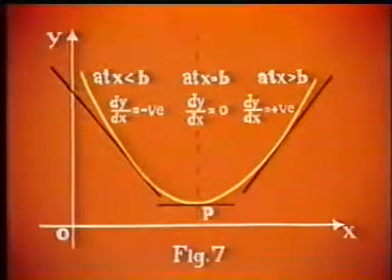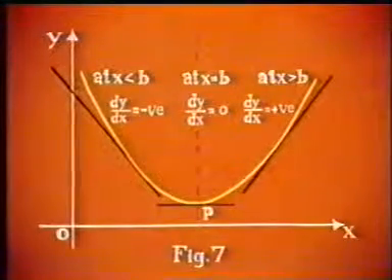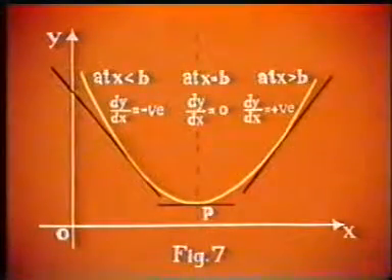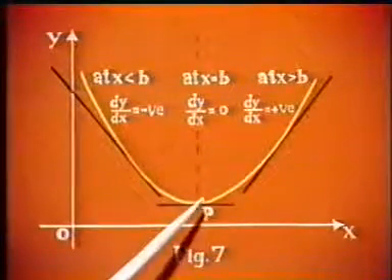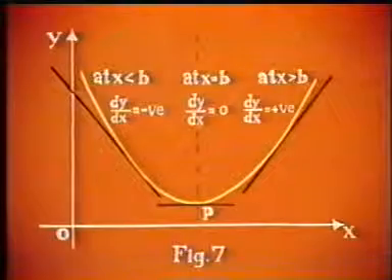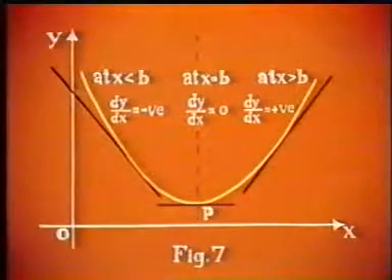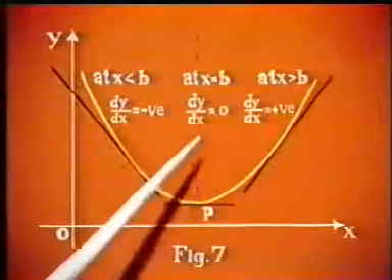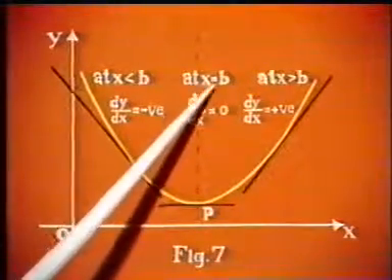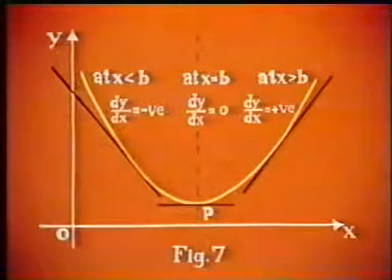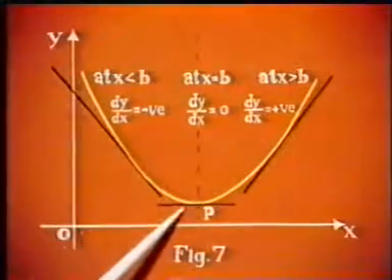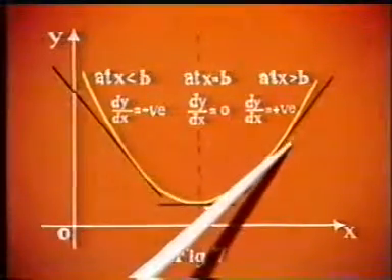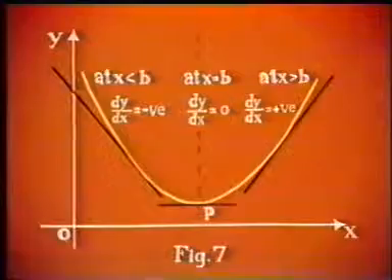Therefore, the slope dy upon dx must be 0 somewhere in between the negative and positive values, and that point cannot be other than the point P. Thus, if y is minimum at P, x equal to b, then dy upon dx is equal to 0 at x equal to b. At x less than b, dy upon dx is negative. At x more than b, dy upon dx is positive.